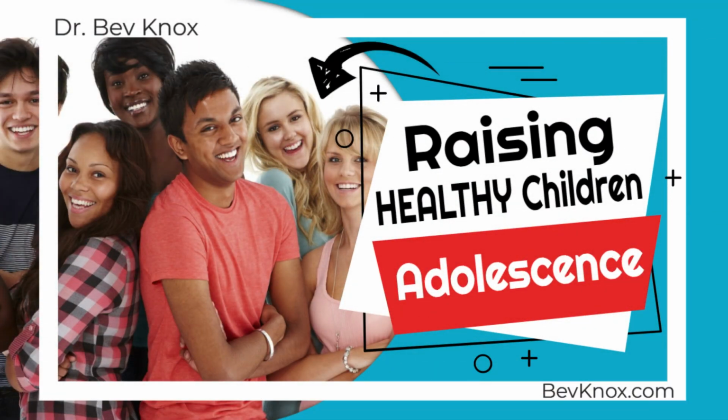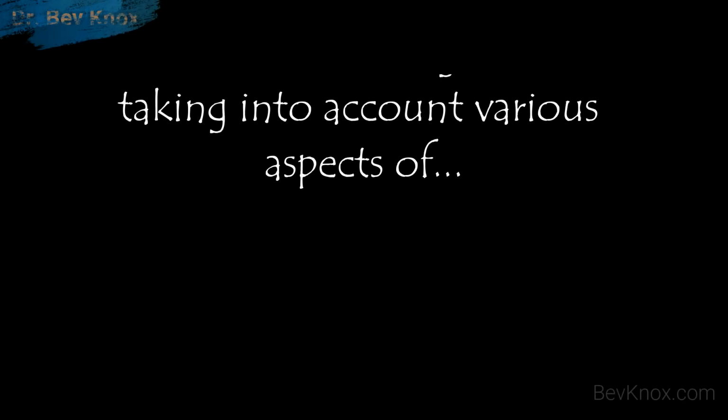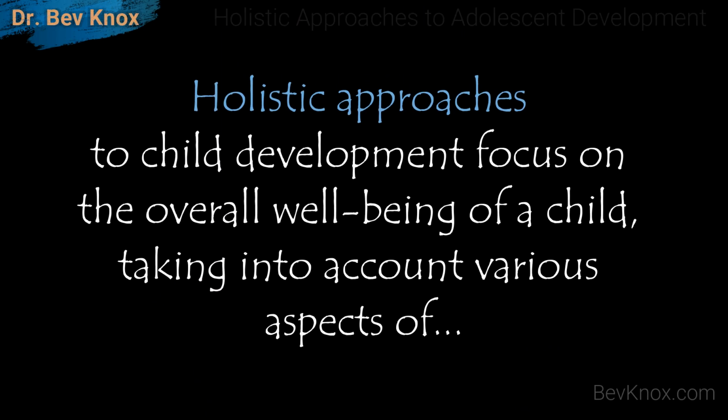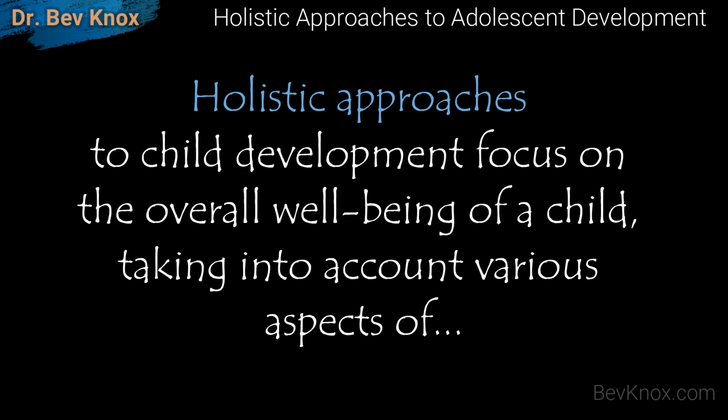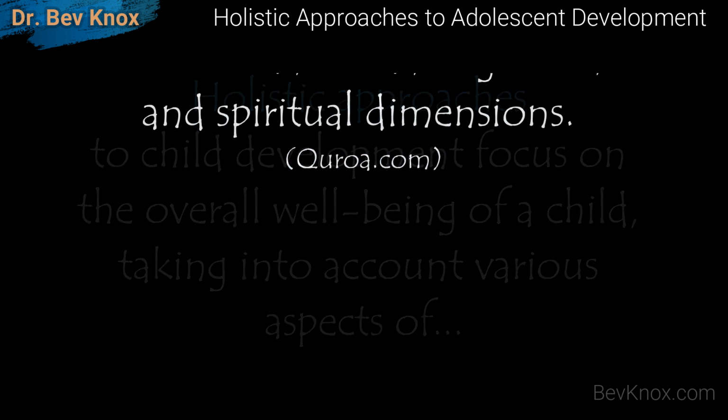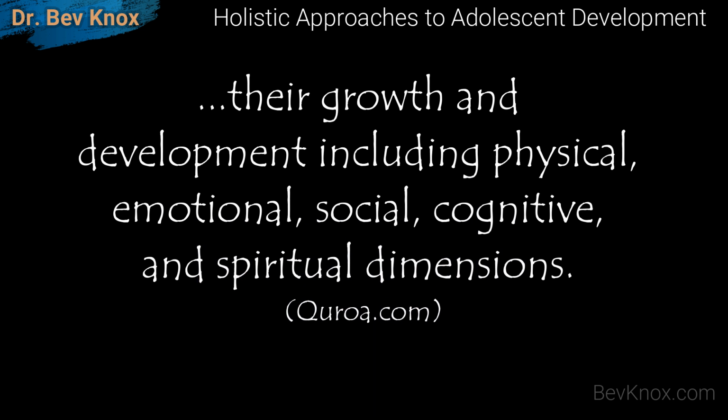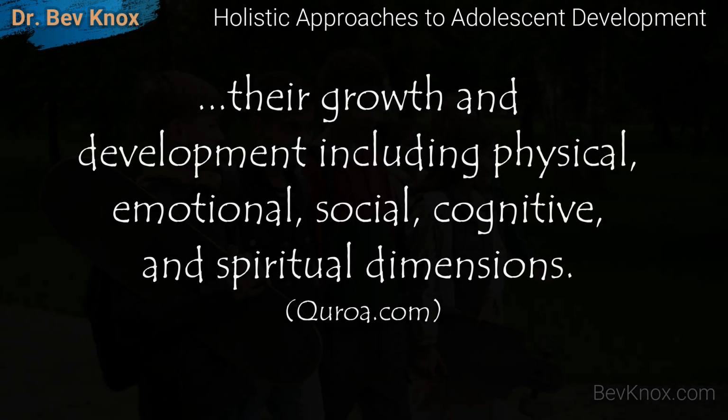In this lecture, we will review holistic approaches to adolescent development, and we will be focusing on ages between 11 all the way up to 20 years old. Now, according to Cura.com, holistic approaches to child development focus on the overall well-being of a child, taking into account various aspects of their growth and development, including physical, emotional, social, cognitive, and spiritual dimensions.